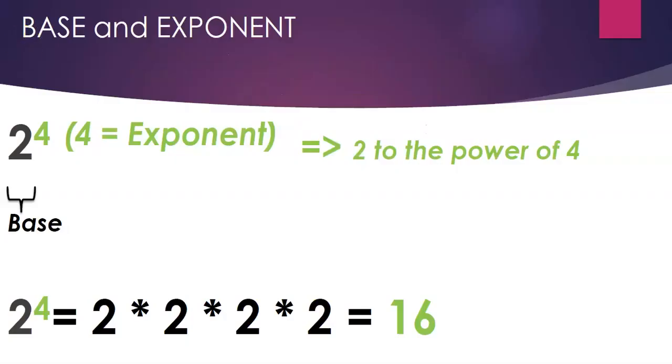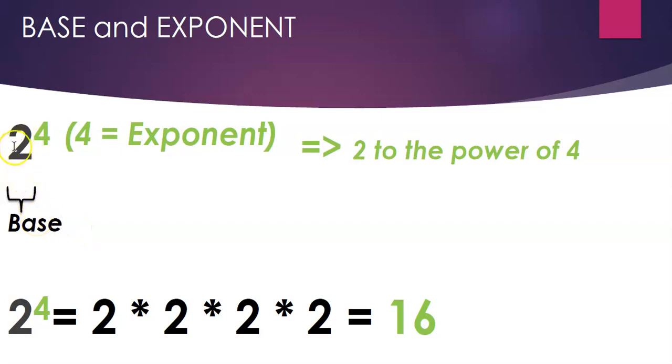So first of all, let us look at what is a base, what is an exponent, what are powers. Alright, look at the concepts first. So we have an example of 2 raised to 4. The way we mention it is 2 to the power of 4, where 4 is the exponent, 2 is the base.